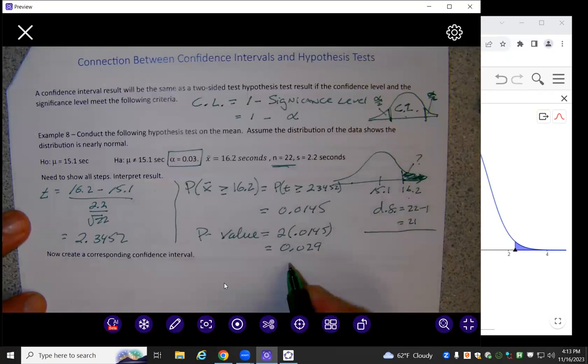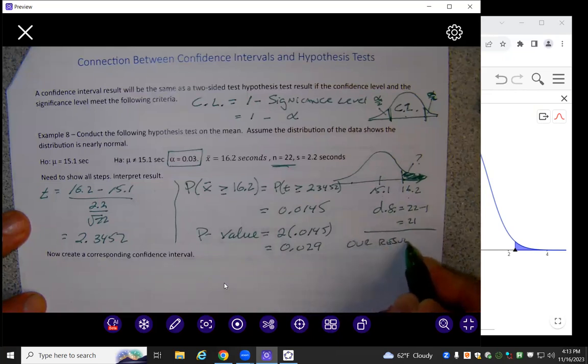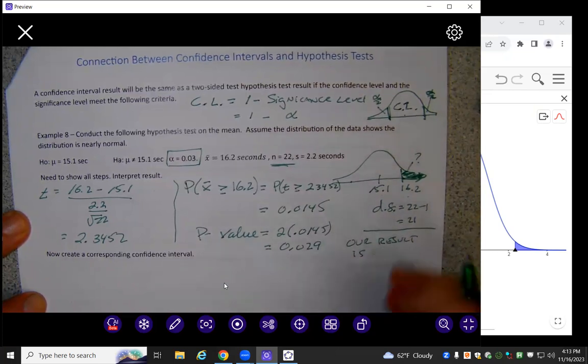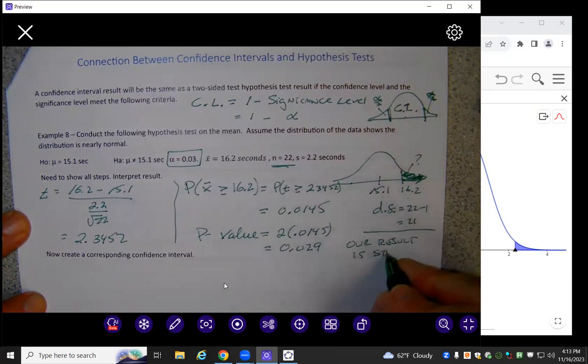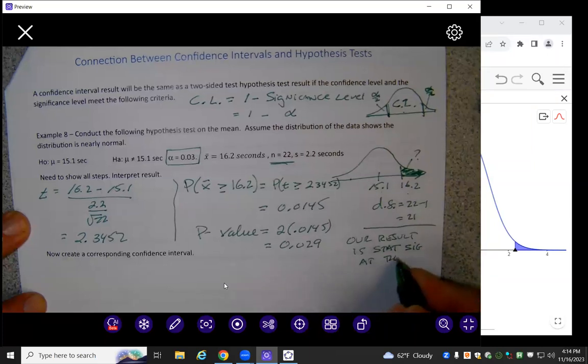So is this result significant at the 3% significance level? Yes, our result is significant. In fact, we throw away the word statistically, but I'm just going to abbreviate it: statistically significant at the 3% significance level.